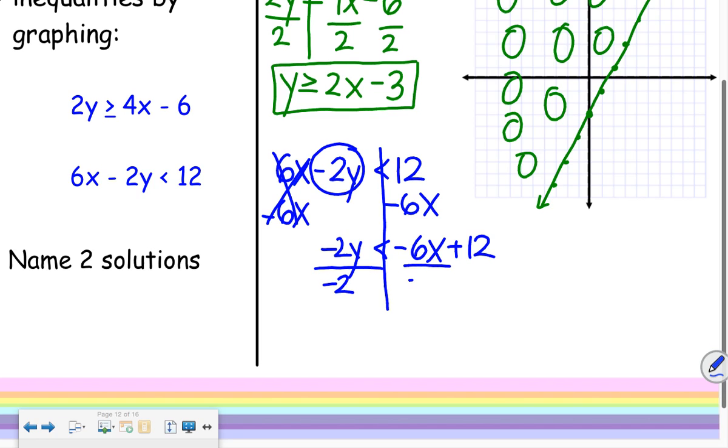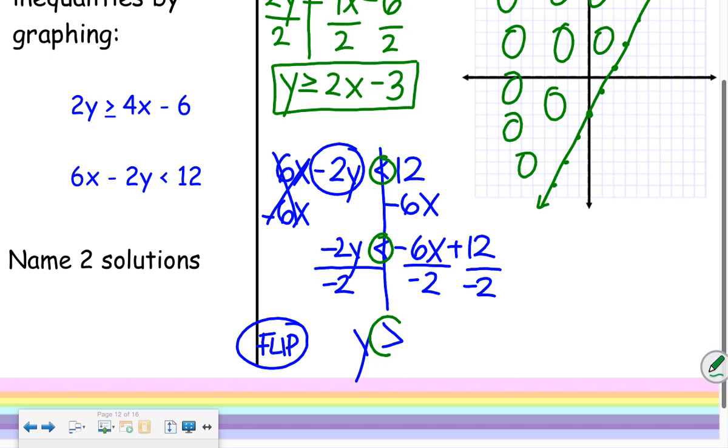Now we have to remember that anytime you multiply or divide by a negative, you have to flip your inequality sign. So I switched it from less than to greater than. So it's y is greater than. -6 divided by -2 is +3. 12 divided by -2 is -6.